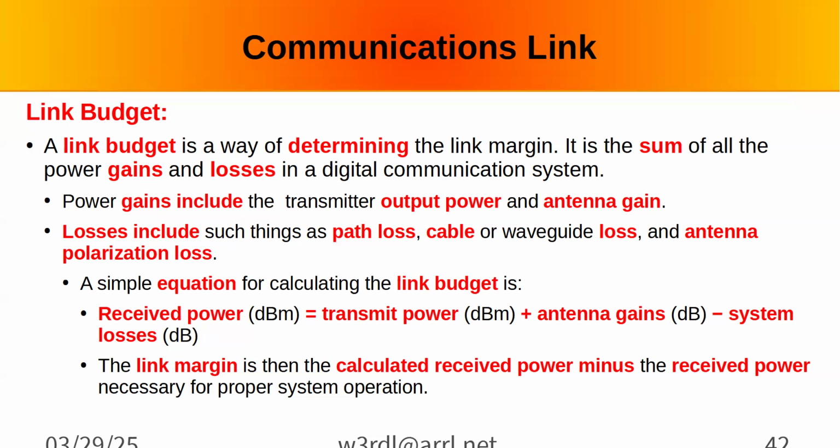And then you have the receiver sensitivity. So you add all that up and you can determine the link margin from that, because now you know the calculated power that you're expecting to receive and what your receiver requires.